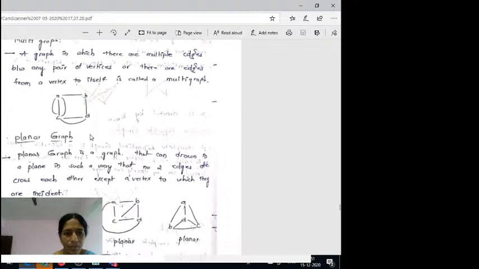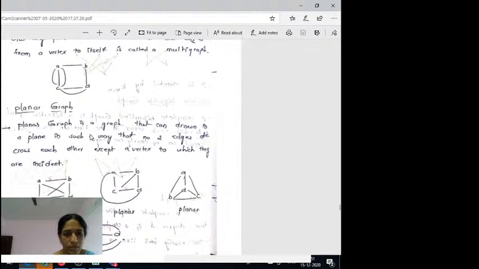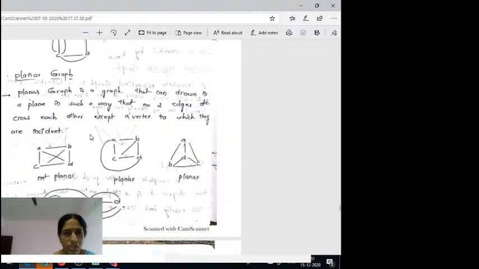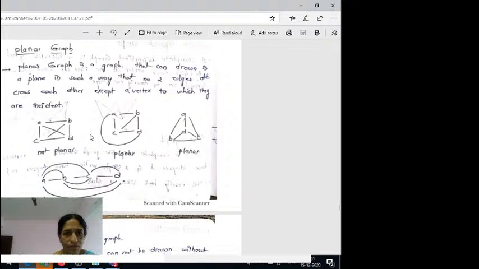And coming to the planar graph, this is a planar graph, this is a planar graph, this is a planar graph. Okay, and this is a non-planar graph. What is a planar graph?